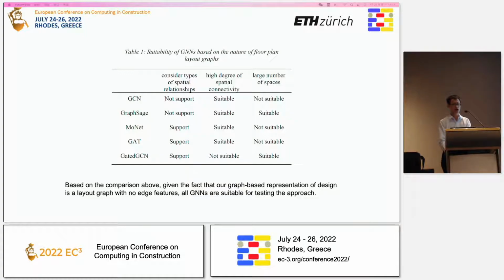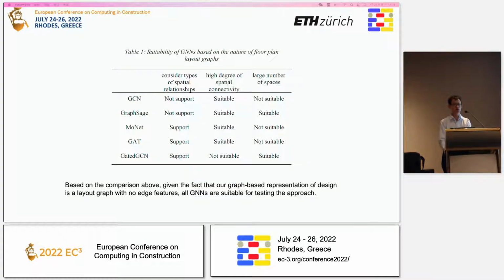And the second criterion is whether the architecture floor plan, the layout, has a high degree of spatial connectivity or a low degree of spatial connectivity. From a mathematical point of view, this refers to whether the adjacency matrix is a sparse matrix or a dense matrix. And previous studies have shown that the gated GCN is not suitable for dense graphs. And the last criterion is the number of spaces, or the number of nodes in the graph.